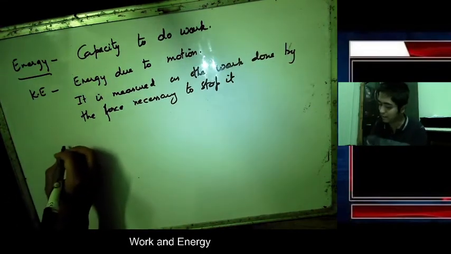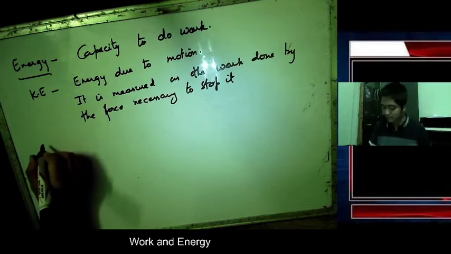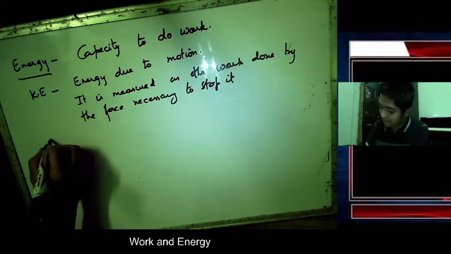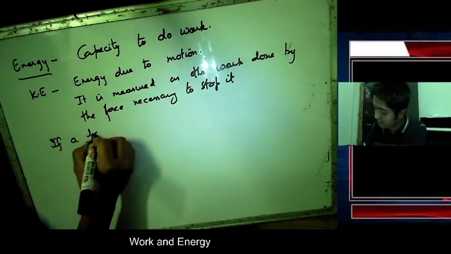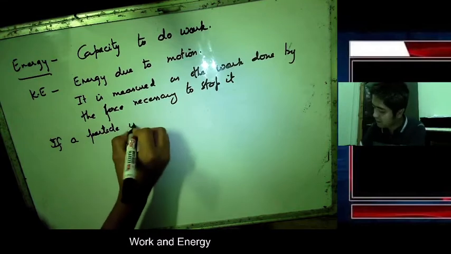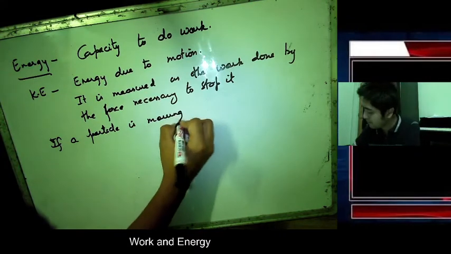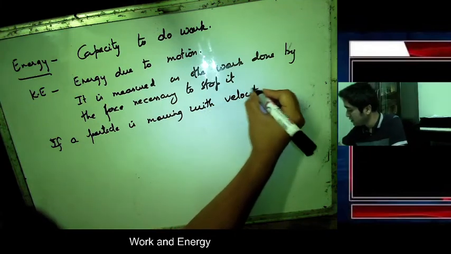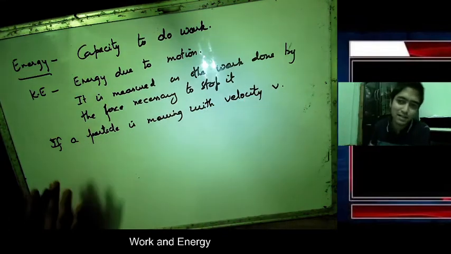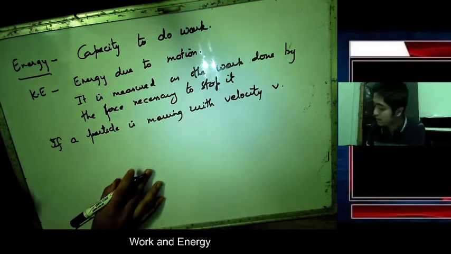So over here, how will we do it? If a particle is moving with velocity v, this velocity again can change with distance or it can change with time.